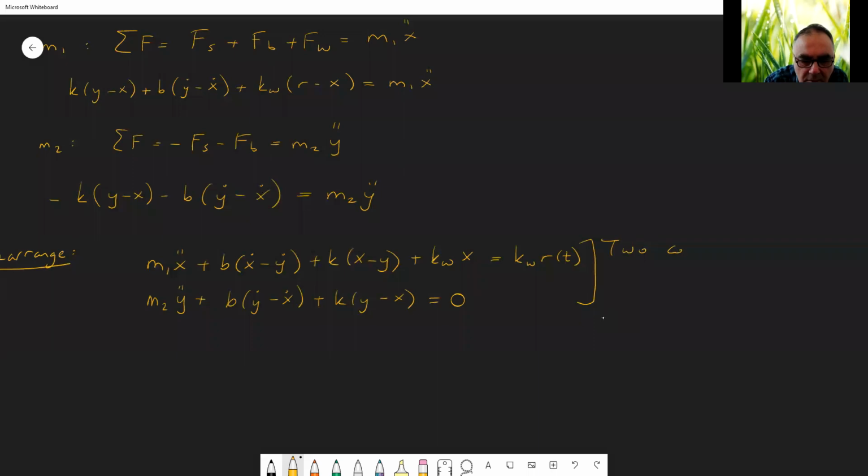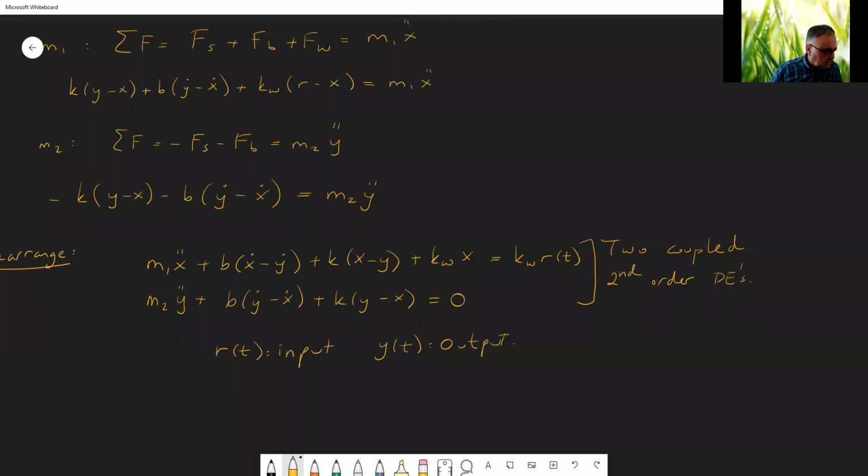Two coupled differential equations, and as you see, r of t is our input and y of t will be our output.